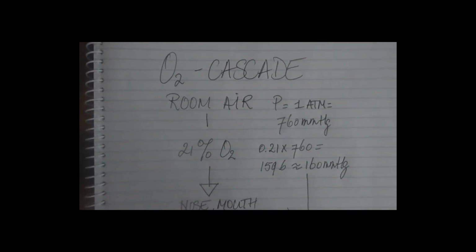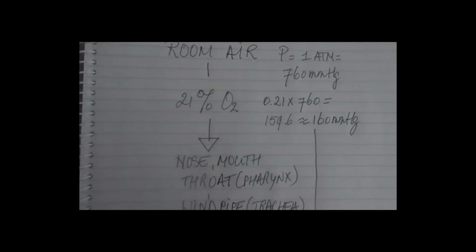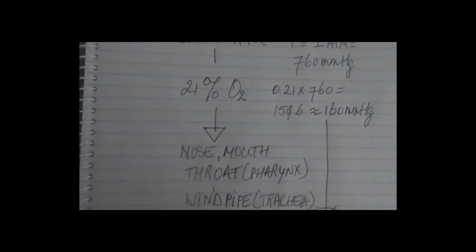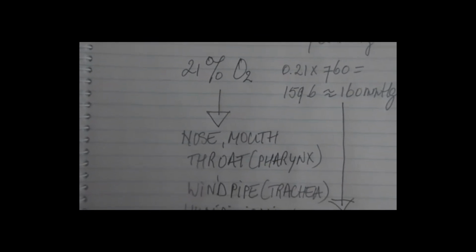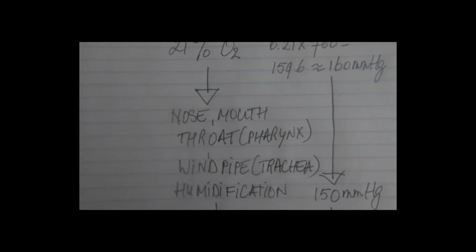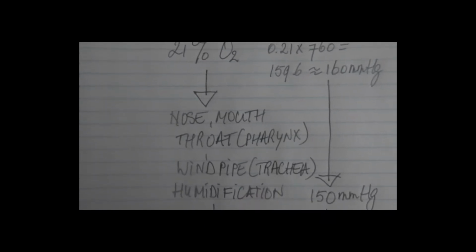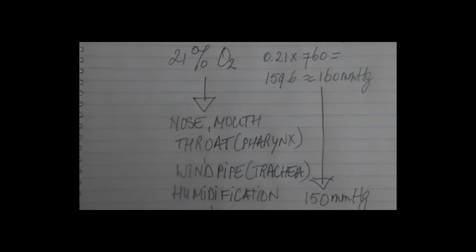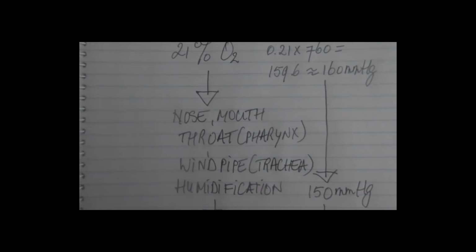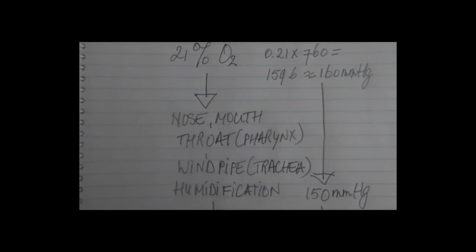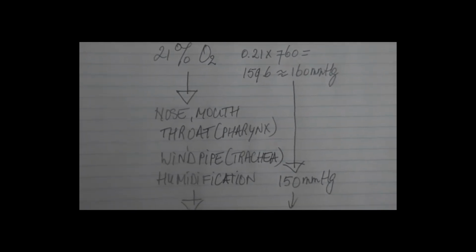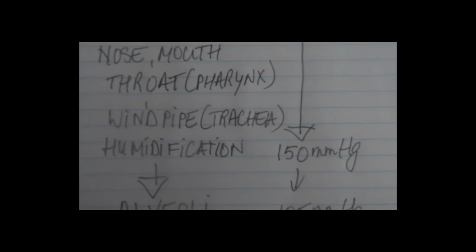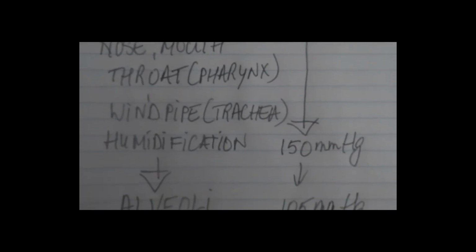So now we start inhaling that air, through the nose and mouth, our throat, then through the voice box, which is called the larynx, and into the windpipe. Once air with oxygen has reached the windpipe, there's humidification happening of that air, and the oxygen pressure has dropped to 150.